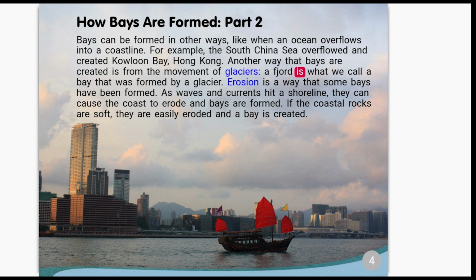A fjord is what we call a bay that was formed by a glacier. Erosion is a way that some bays have been formed. As waves and currents hit a shoreline, they can cause the coast to erode and bays are formed. If the coastal rocks are soft, they are easily eroded and a bay is created.